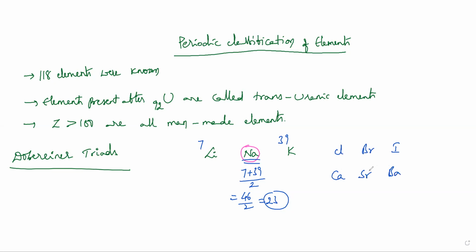Atomic weight of bromine is equal to the average of chlorine and iodine, and similarly atomic weight of strontium is equal to the average of atomic mass of calcium and barium. So this is Dobereiner's triad, right?